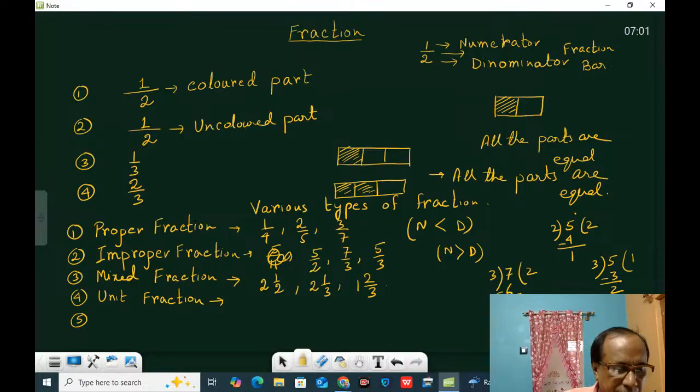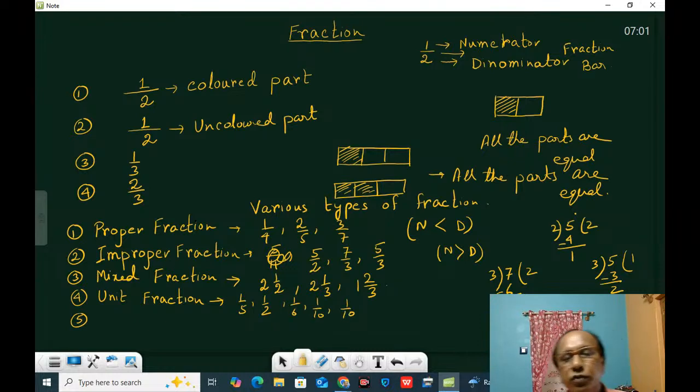If we write the numerator as 1, that is a unit fraction, like 1 by 5, 1 by 2, 1 by 6, 1 by 10, or 1 by 100. Besides that, we have other types of fractions also, which I am going to discuss with you.